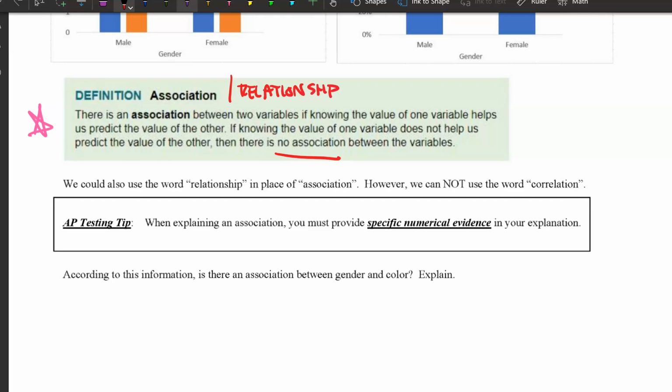In all my classes, I ask, what's another word that goes with these two? And a lot of times kids will say correlation. I don't want to talk about this right now technically, but if you're going to use it, we need to talk about it. You can't use it in this context. Correlation only describes the relationship between two numerical variables. We are talking about gender and sport preference, so we should not talk about correlation.